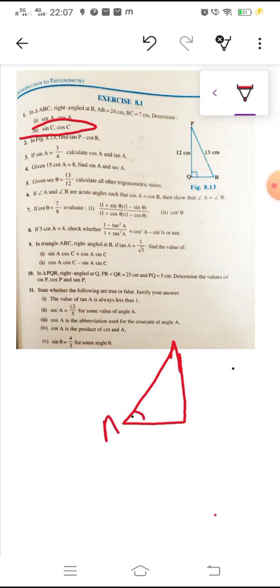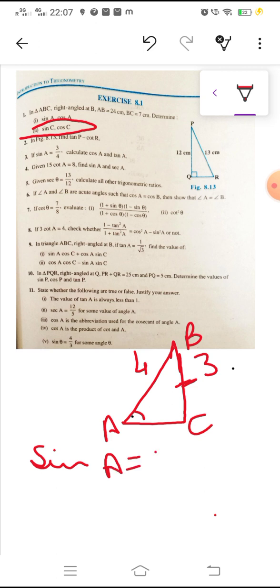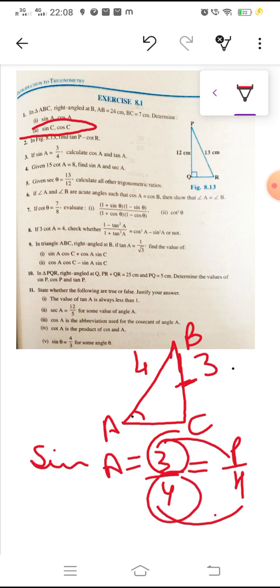Suppose this is triangle ABC. The side in front of the angle is perpendicular, so perpendicular is 3 and hypotenuse is 4, because sine is 3 by 4.